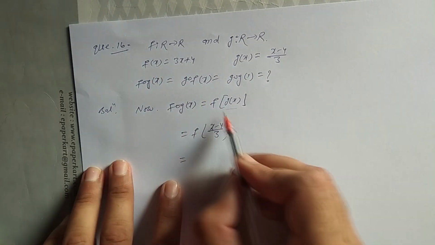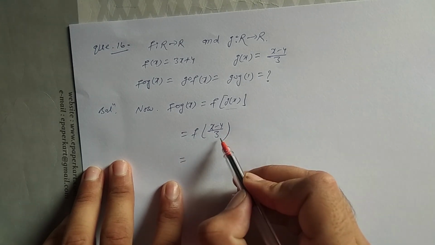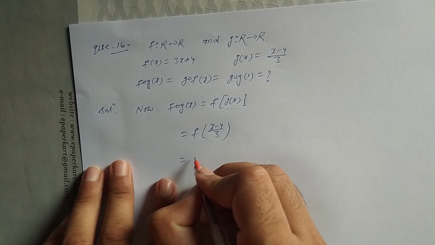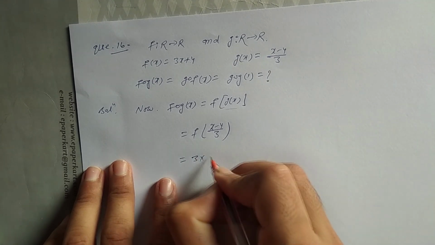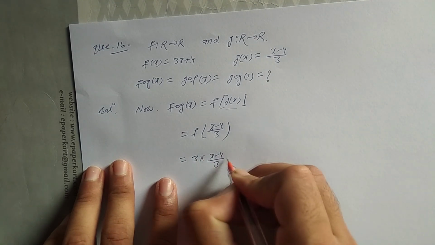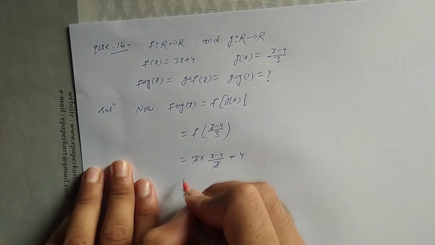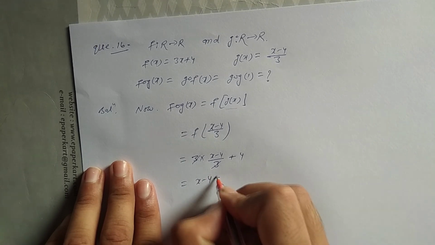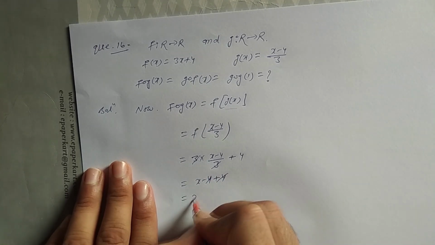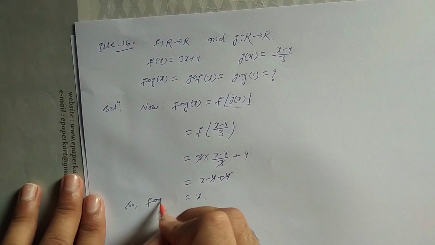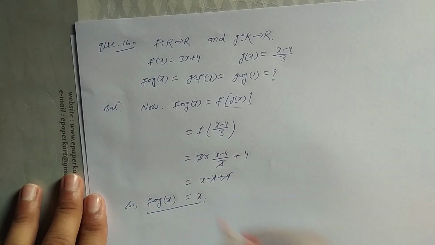It means x is equal to (x minus 4) by 3. Putting the value of function f(x): 3 into (x minus 4) by 3 plus 4. The 3 cancels out, and x minus 4 plus 4 cancels out, which is equal to x. So fog of x is equal to x.